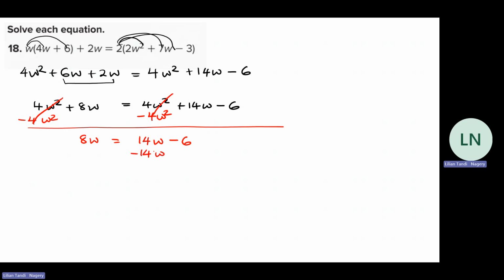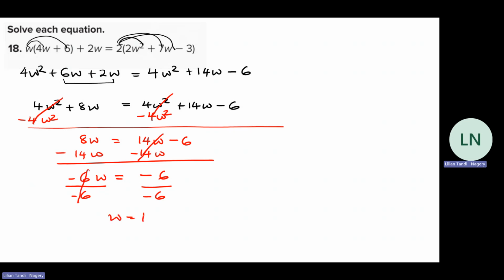Subtract 14w on both sides. Negative 6w equals negative 6. Divide both sides by negative 6. This goes. w is 1.